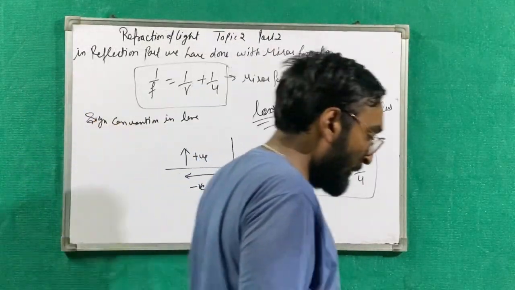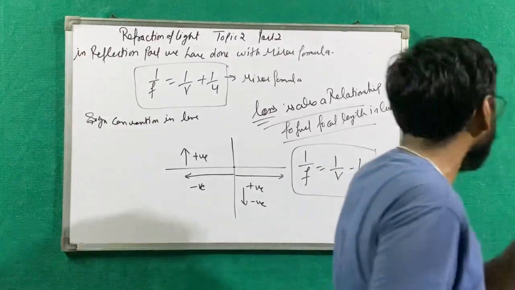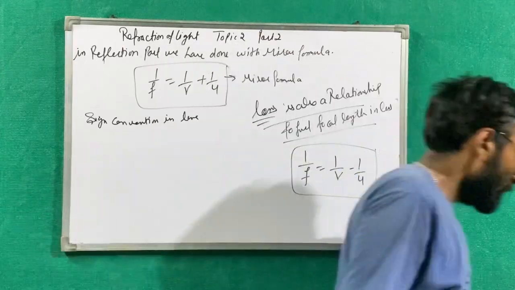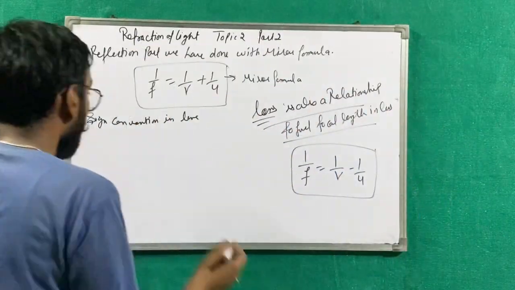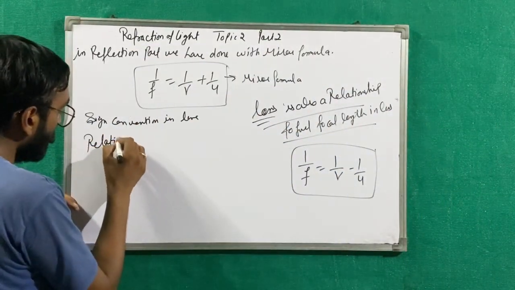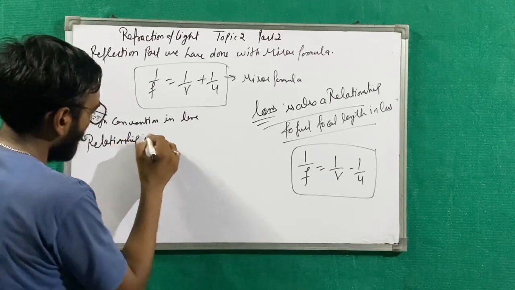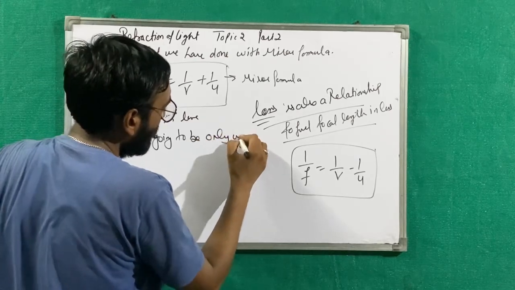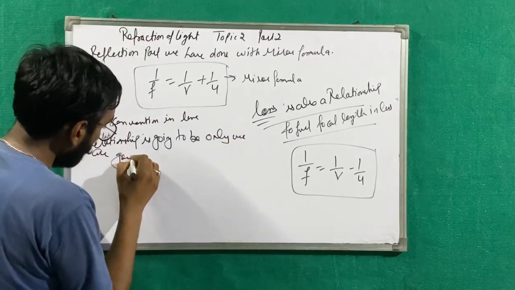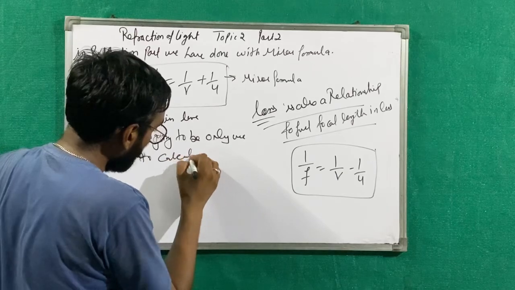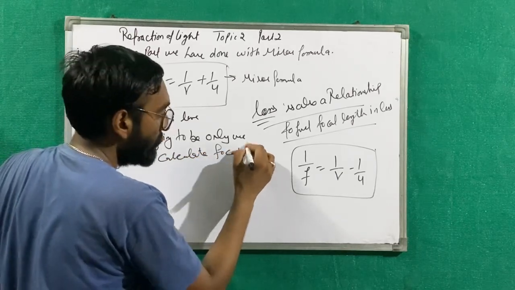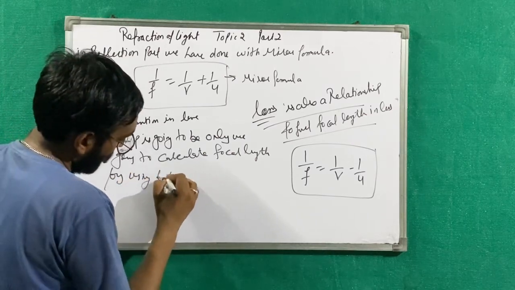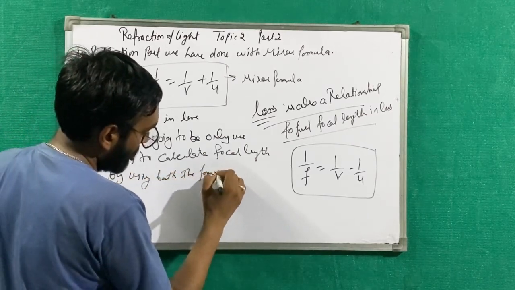And the most favorite question of physics is going to be, what is the relationship between the lens formula and the mirror formula? The main relationship is that we are going to calculate focal length by using both the formulas.